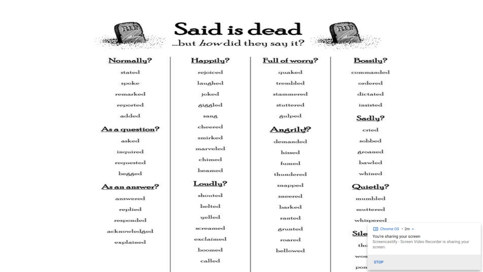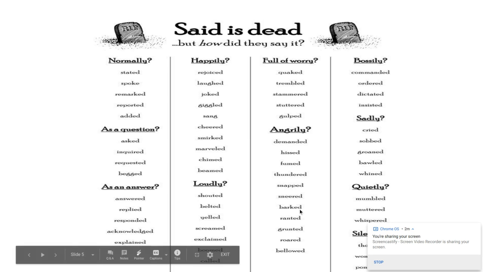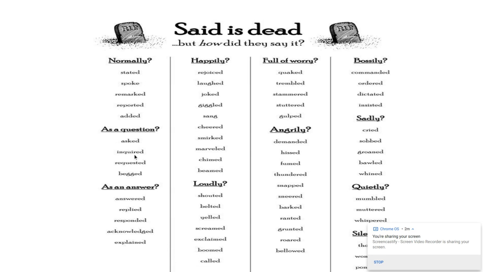So, say one of your characters is saying something in an angry way. Maybe they demanded something. Maybe they thundered, they barked, they grunted. Are they speaking loudly? Are they shouting? Are they yelling? Are they asking a question? Here are different words that I want you to use. I do not want you to use said to give your dialogue.